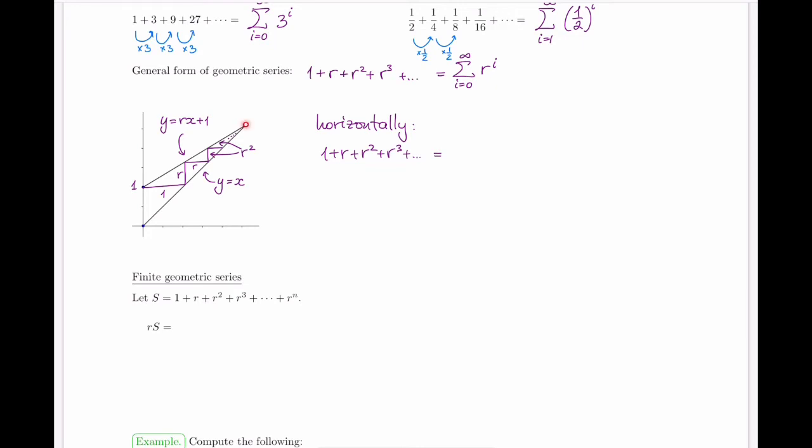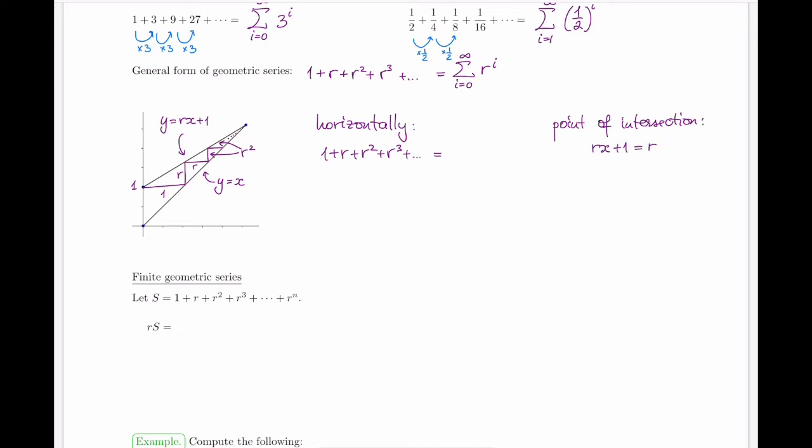The other way to count it is to actually think about what are the coordinates of this point of intersection. So let's figure that out. Point of intersection. How do we generally compute the actual points of intersection? What happens at that point is the two lines meet, which means their equations are actually equal to each other because they have to arrive at the exact same point. So I'm going to have that rx plus 1 is equal to x.